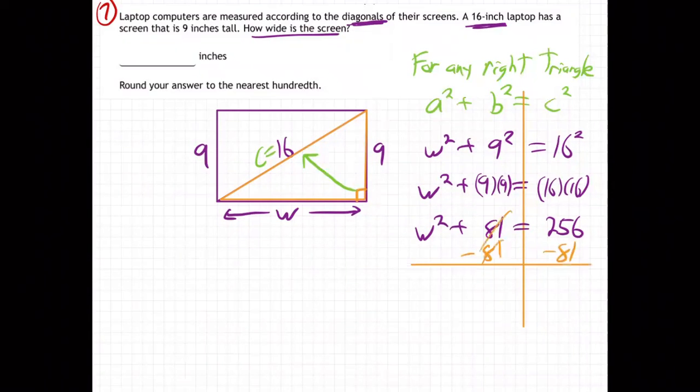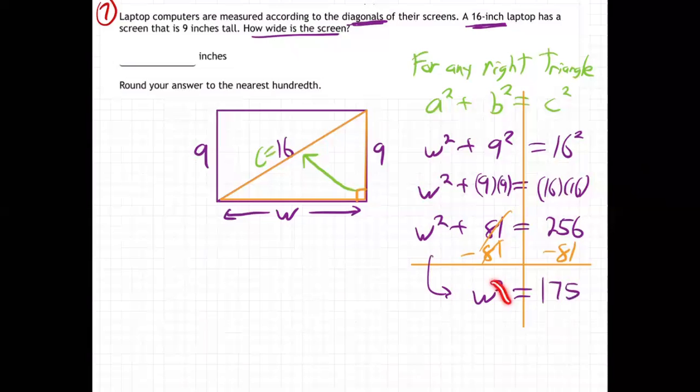Bring this down. And then use your calculator, 256 minus 81. And I'm getting 175, okay? And what's the last step now to get rid of that 2 power, just get W alone?